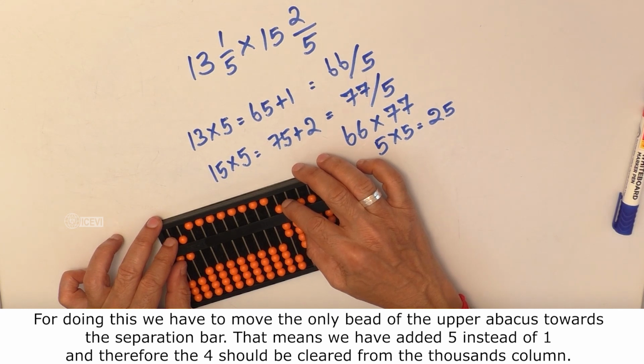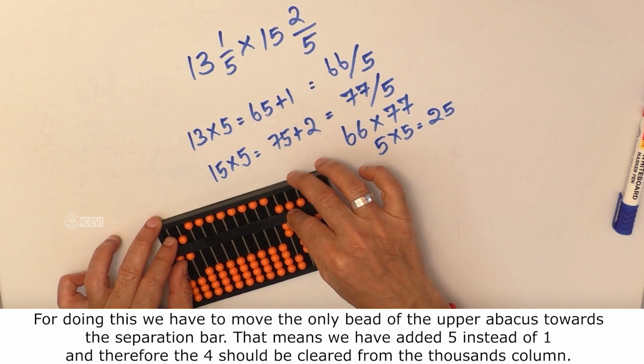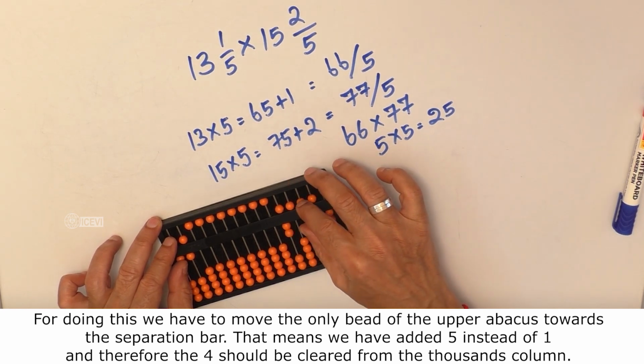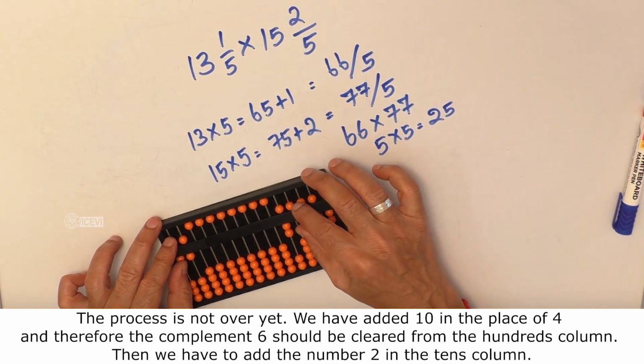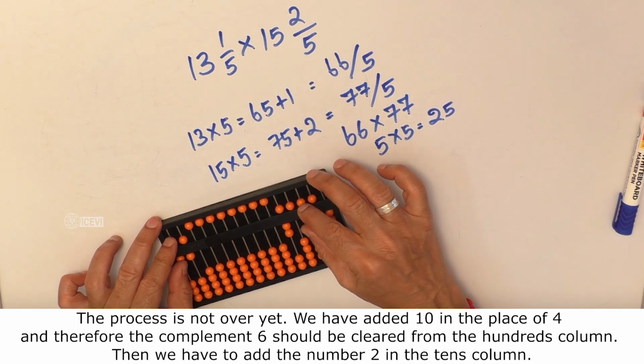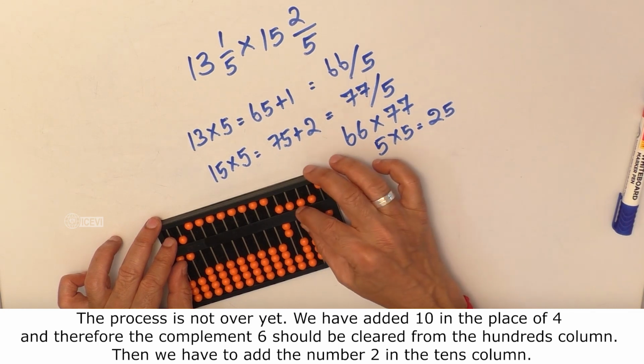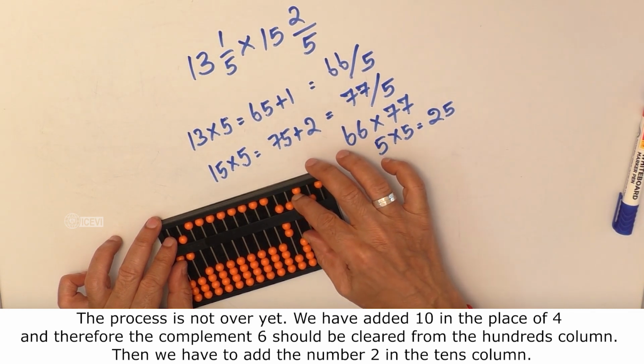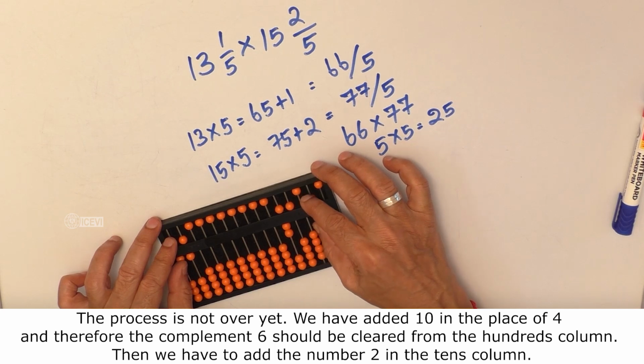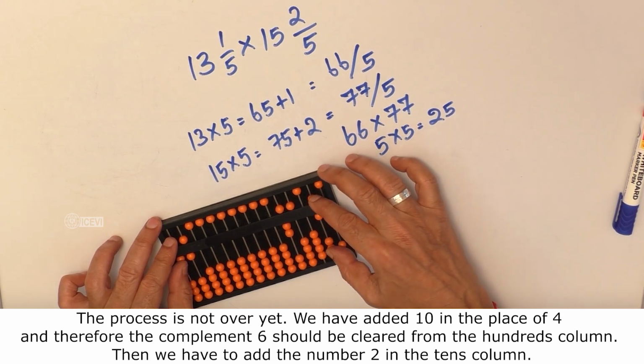That means we have added 5 instead of 1, and therefore 4 should be cleared from the thousands column. The process is not over yet. We have added 10 in the place of 4, and therefore the complement 6 should be cleared from the hundreds column. Then we have to add the number 2 in the tens column.